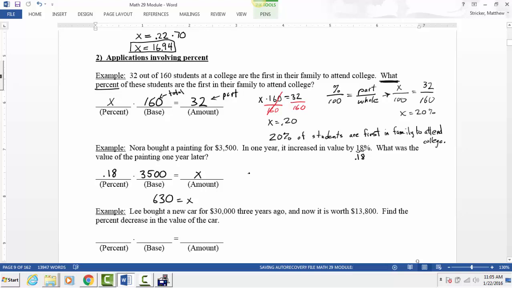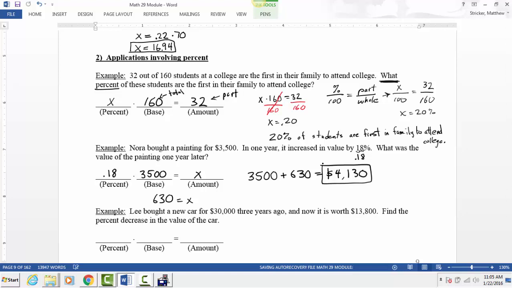Hopefully you're thinking that we need to add it, because that's how much the value increased by. So we take 3,500, we add 630, and when you do that, you get $4,130 is the new value of the painting. Hopefully that makes sense.